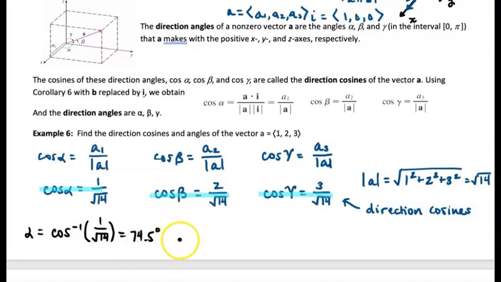All right, beta is the arc cosine of 2 over root 14, which is approximately 57.7 degrees.